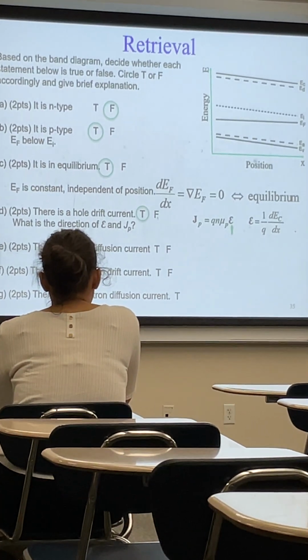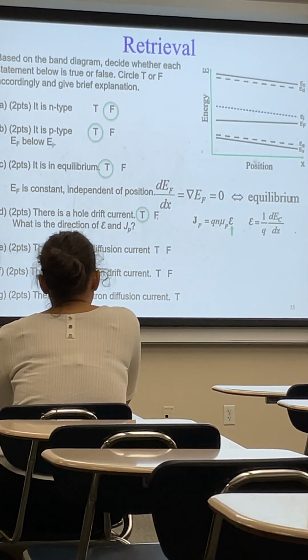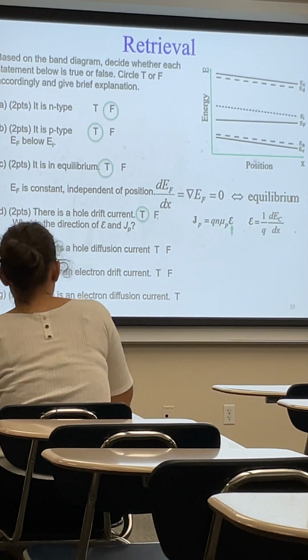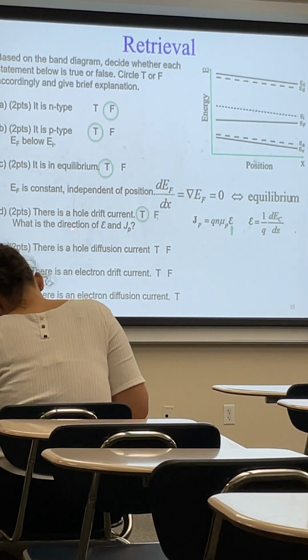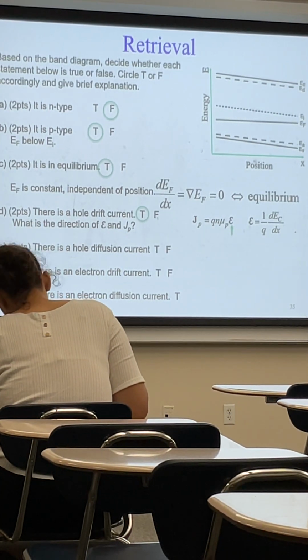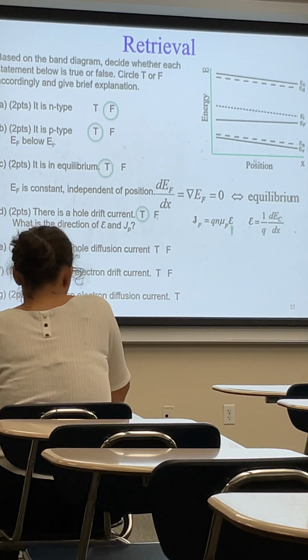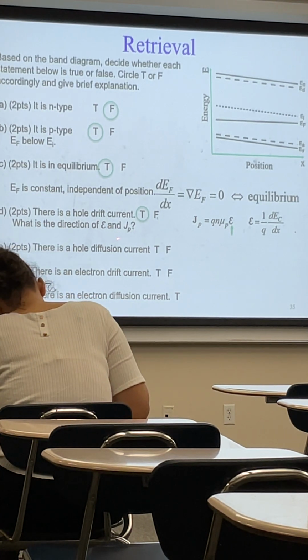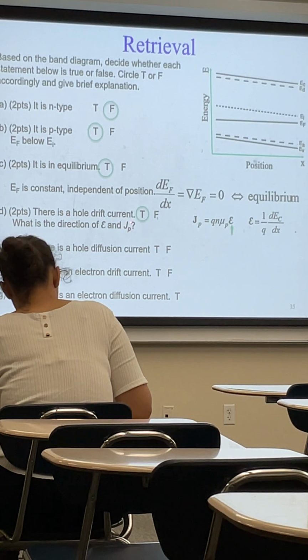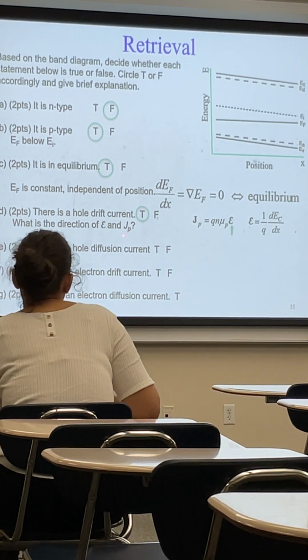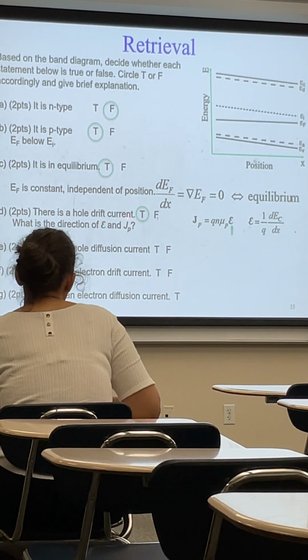Okay, so there will be a hole drift current because this E is non-zero, and we have shown the direction of the electric field is pointing to the left. Then what's the direction for the current, the hole drift current?